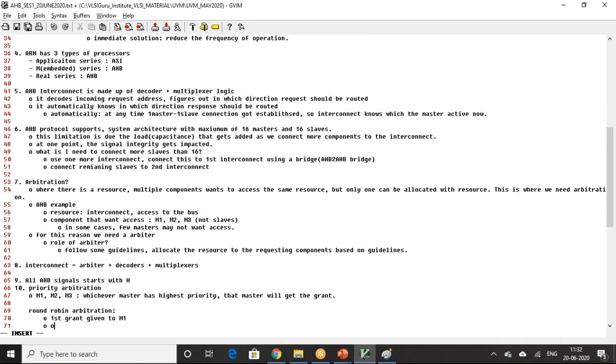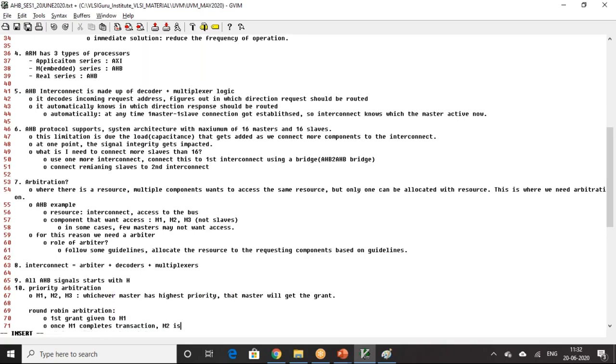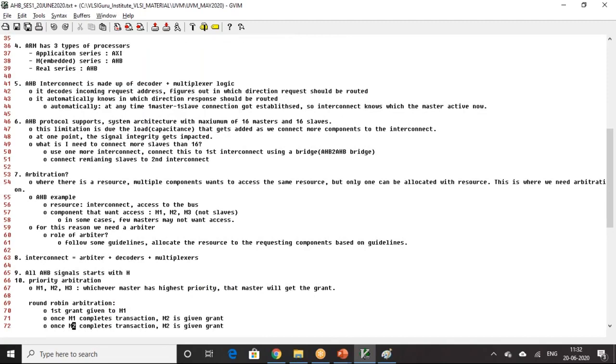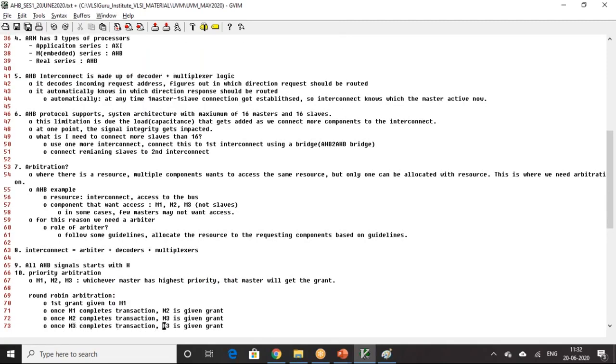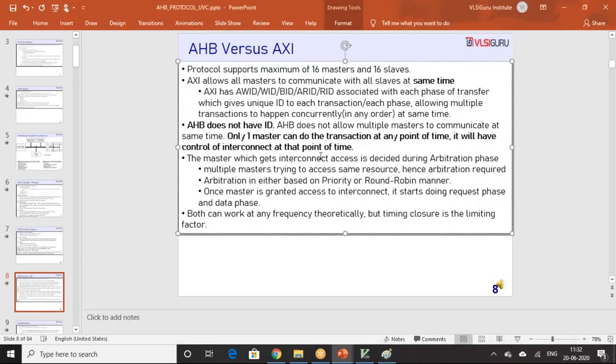Once M1 completes its transaction, M2 is given the grant. Once M2 completes its transaction, M3 is given the grant. Once M3 completes its transaction, M1 is given the grant, and so on. This concept is called round robin arbitration. Both can work. Okay, that is about it.